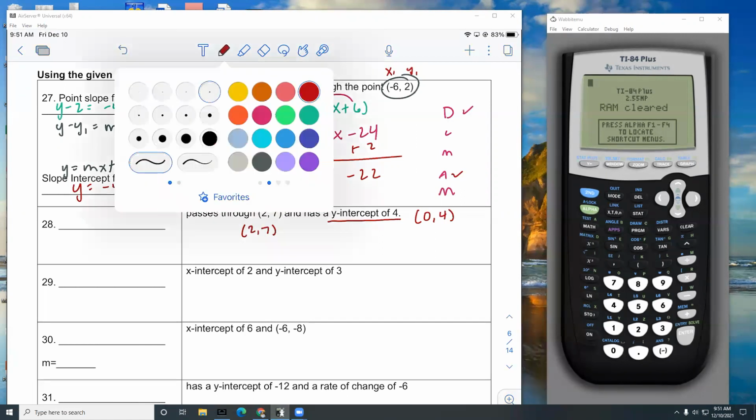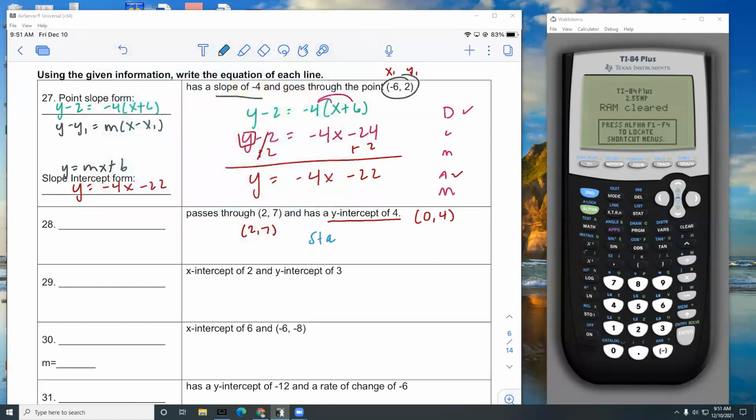So whenever I'm given 2 points, I'm going to put this thing in stat edit. All right, so that's exactly what I'm going to do. I'm going to press stat edit. In L1, I put my x's. So I'm going to put 2, enter, 0, enter. Then I go over to L2 and I'm going to put 7, enter, 4, enter.